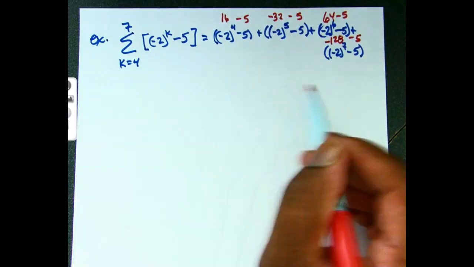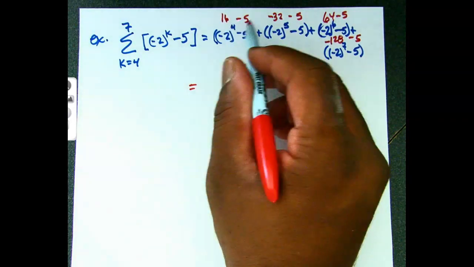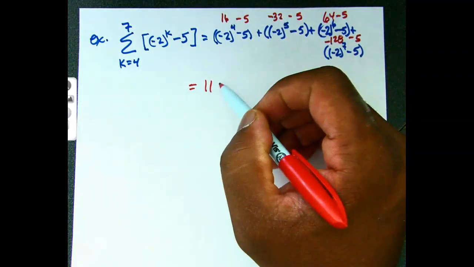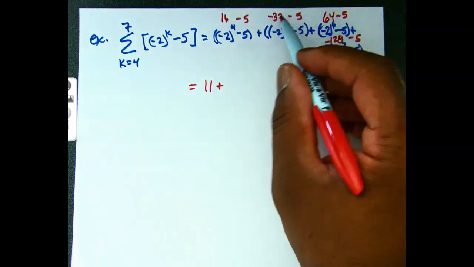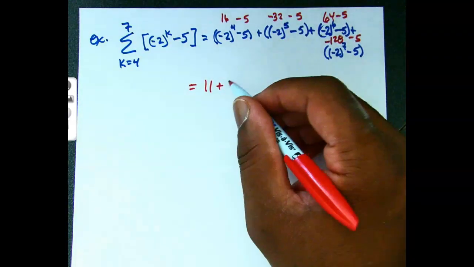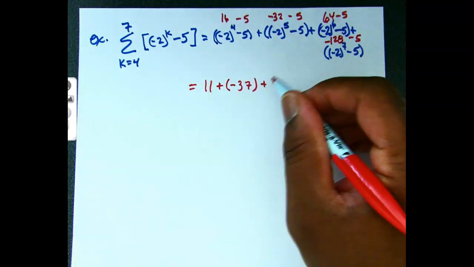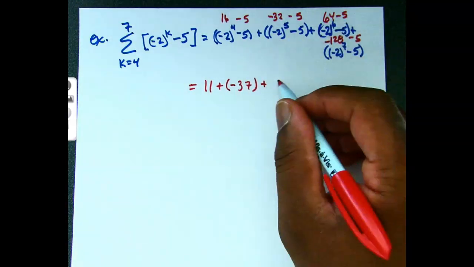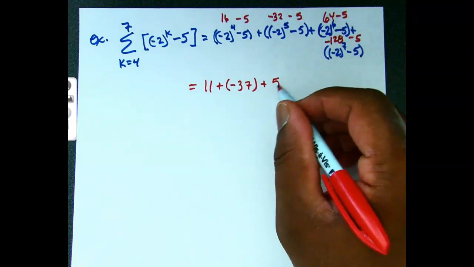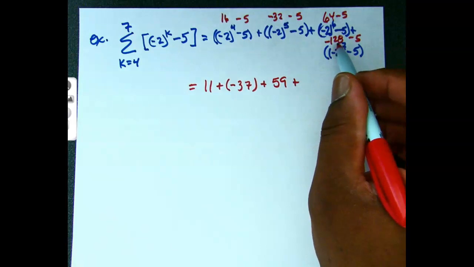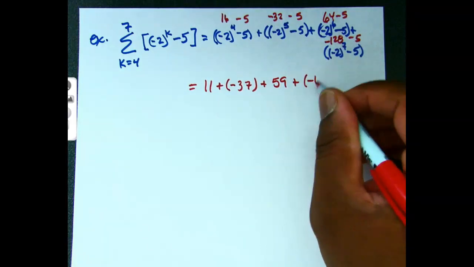So our solution would be 16 minus 5 is 11. And then it would be plus negative 32 minus 5 is a negative 37, plus 64 minus 5 is 59, and then plus negative 128 minus 5 is a negative 133.